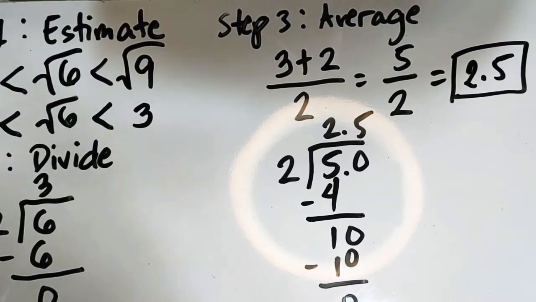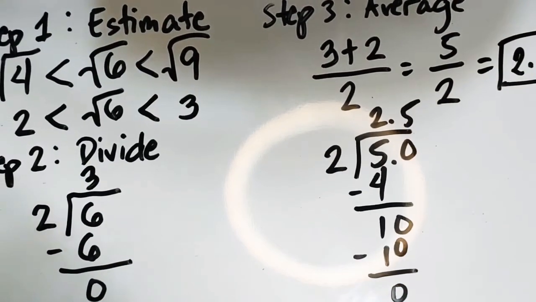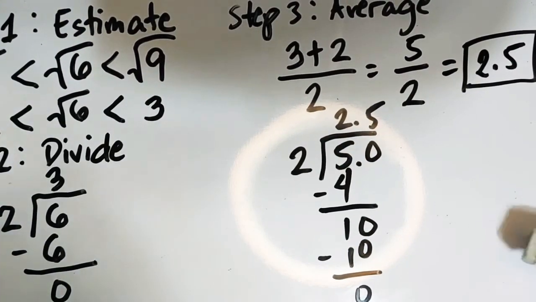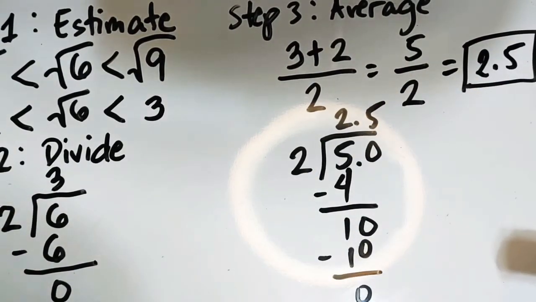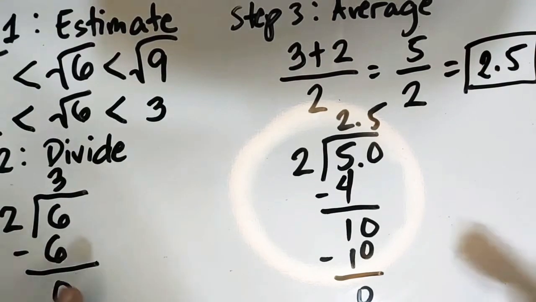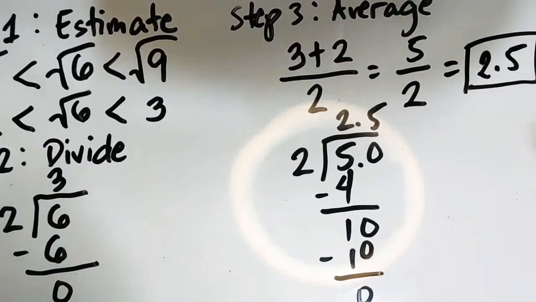Okay? Ng 6, okay? So, ngayon, step 4, ang gagawin natin, uulitin lang natin yung ginawa natin sa step 2 at step 3. Okay, again, para sa step 4, we will just repeat step 2 and step 3. So again, we will divide and get the average. So we will divide 6, yung ating given, by 2.5.